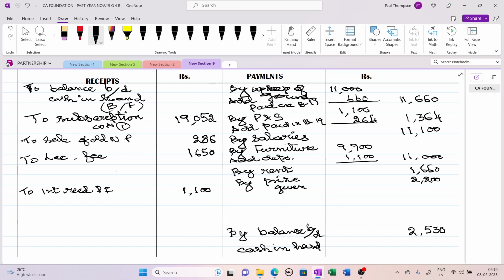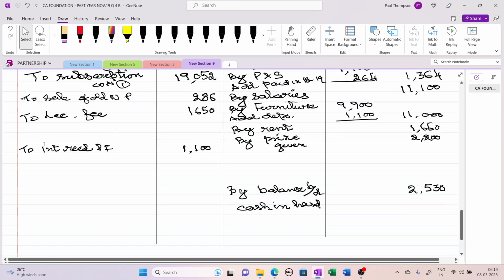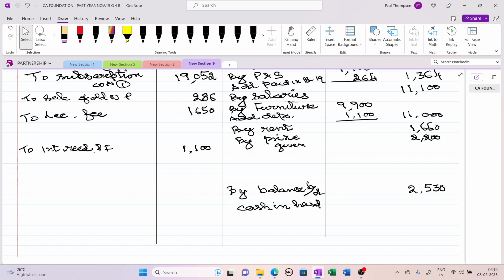Next item is entrance fees. They are saying that 1/4 of the amount is to be capitalized. So when you prepared the income and expenditure account, you have taken 1/4 of that amount to general fund. So in the balance sheet it is shown as 715. So now we are going to write here the entrance fees 2145.